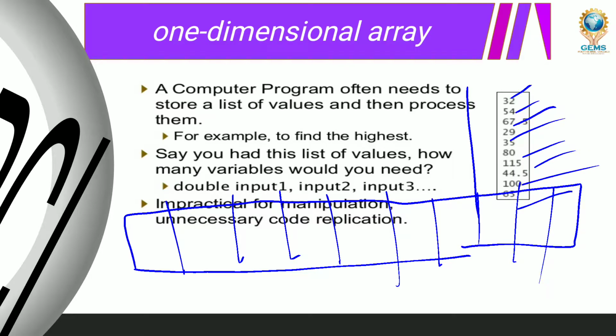So here only one row is given. How many rows are given? Only one row is given. So this is called one-dimensional array. Here one row, there is no vertical at all, only horizontal. I will show one more example to understand this one.